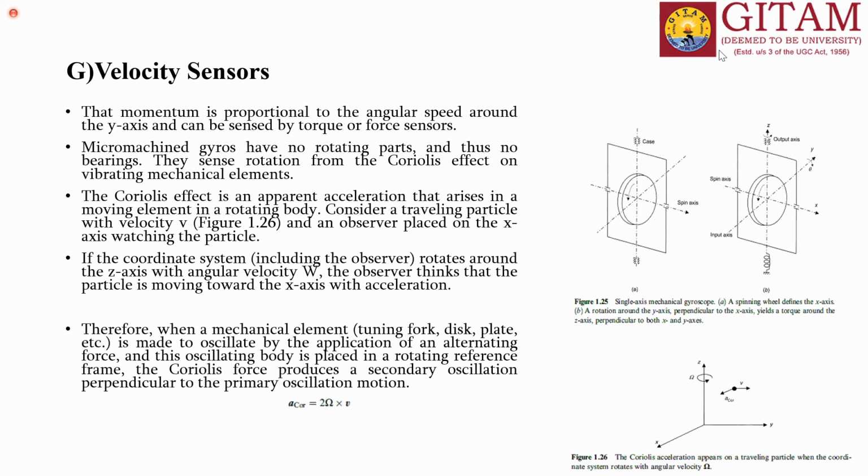That momentum is proportional to the angular speed around the y-axis and can be sensed by torque or force sensors. So just now I have shown you the gyroscope in Wikipedia.